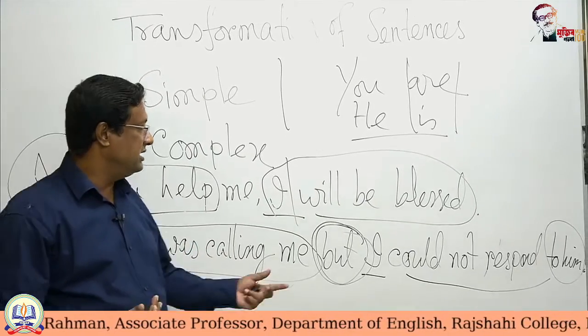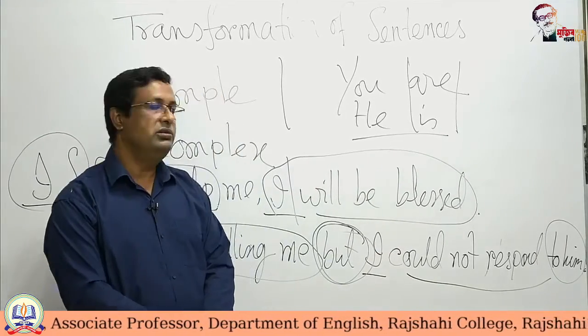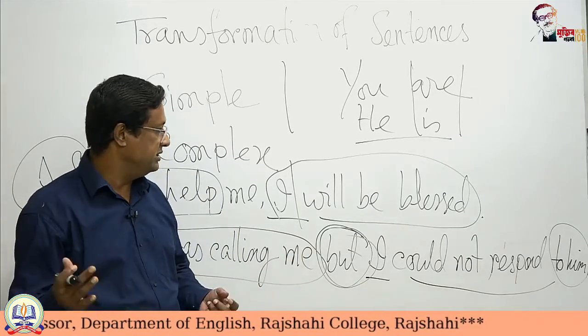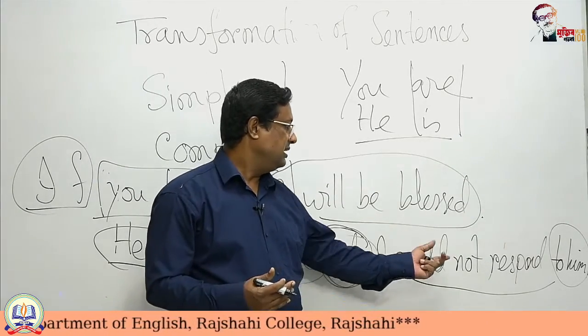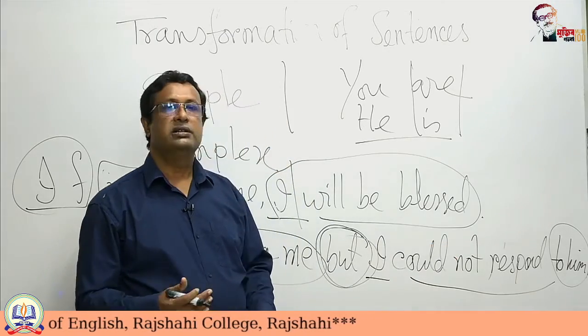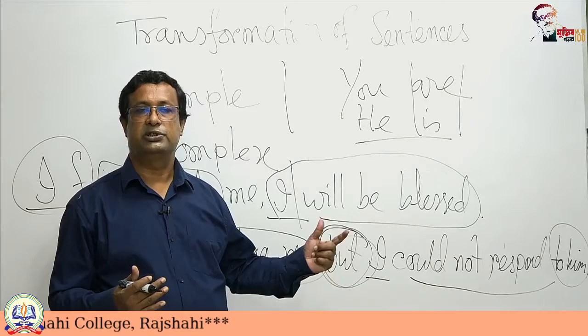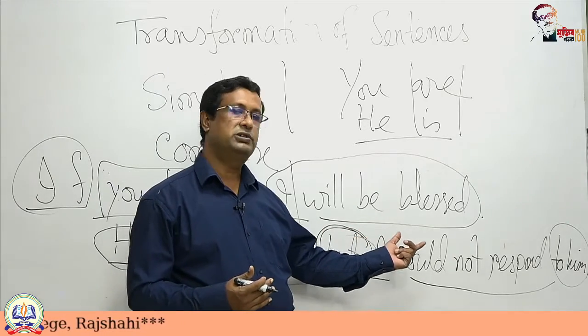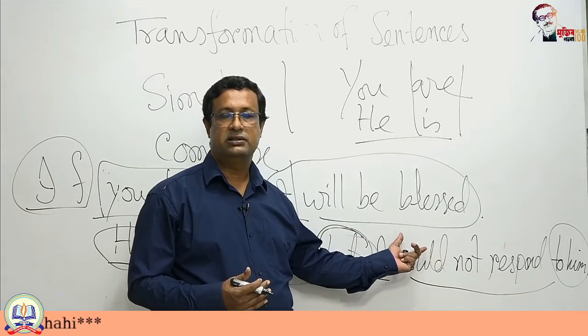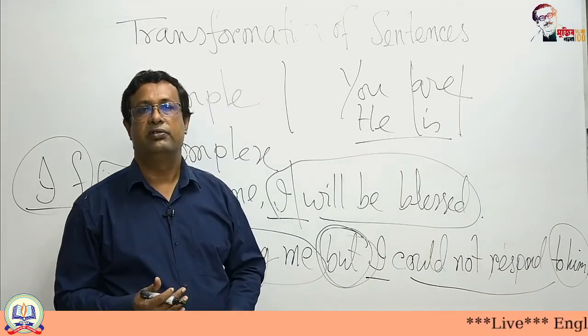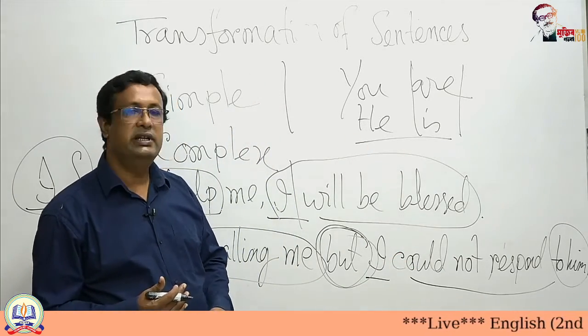And there is another clause. I could not respond to him. I failed to respond to him. This is another clause. And what is the lack here? There is no lack, there is no shortcoming. This also does not depend on another clause for its full meaning.